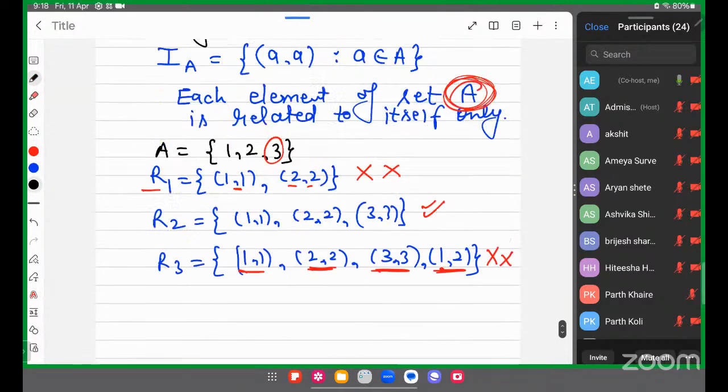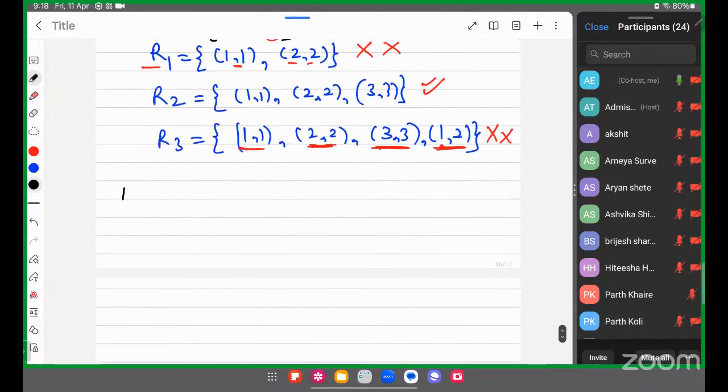Next relation which we are going to define is reflexive. Reflexive relation. What is the condition for reflexive relation?